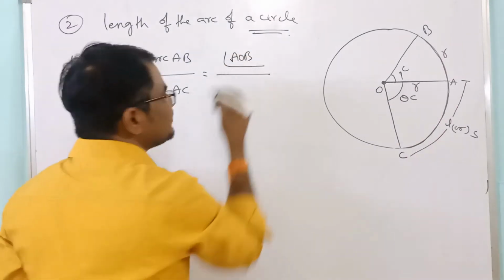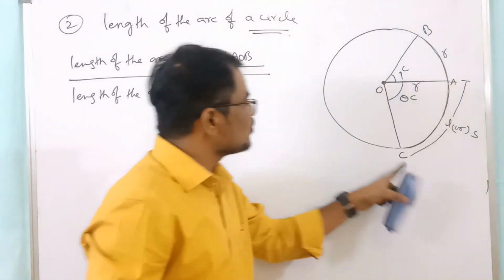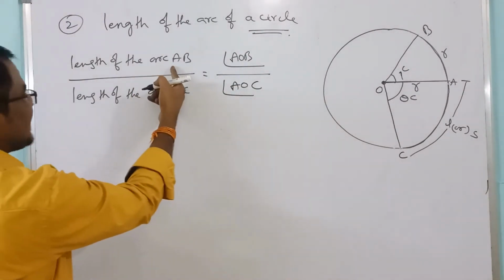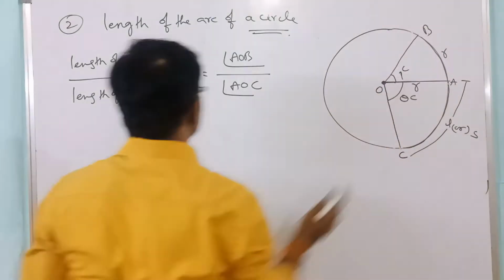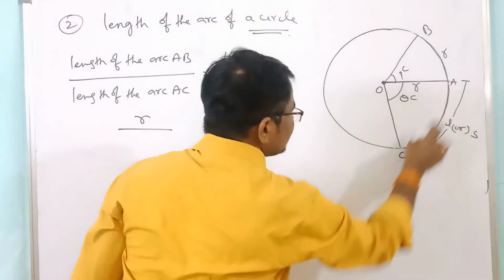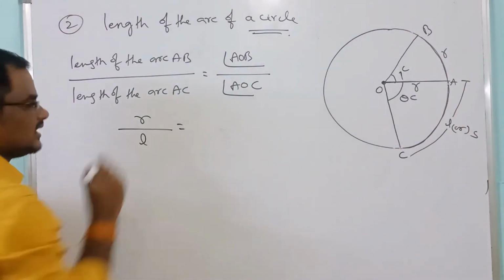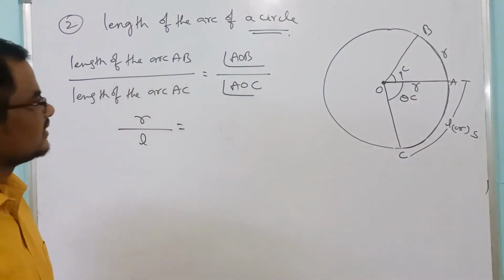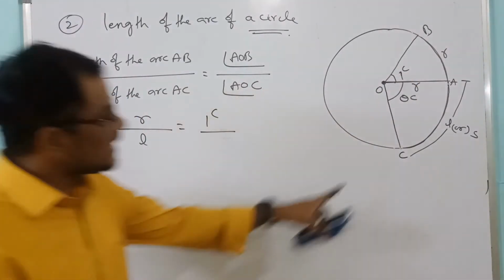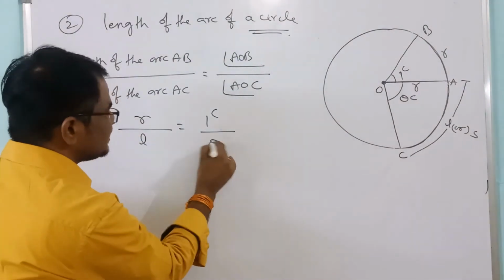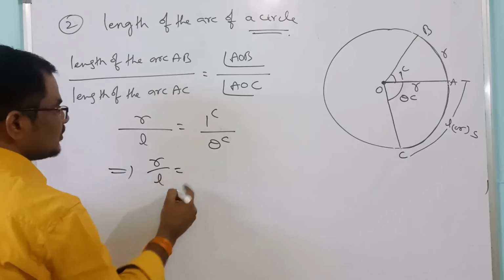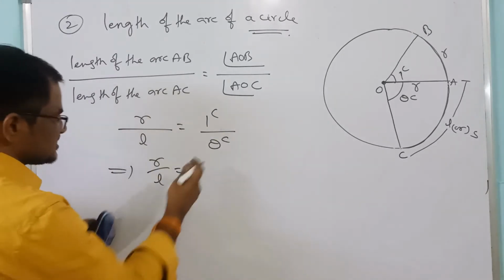Now the length of the arc AB, what is that? Radius R only. Next, the length of the arc AC is what? L, we denoted by L or S. Next, angle AOB is 1 radian divided by angle AOC, equal to what? Theta radian. Now that implies R by L equal to 1 by theta.